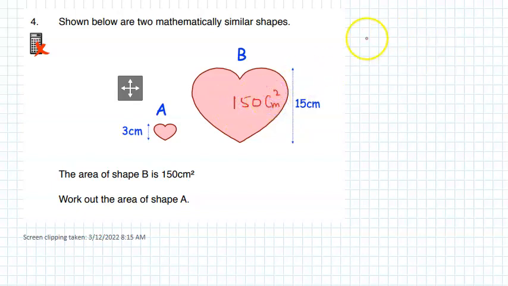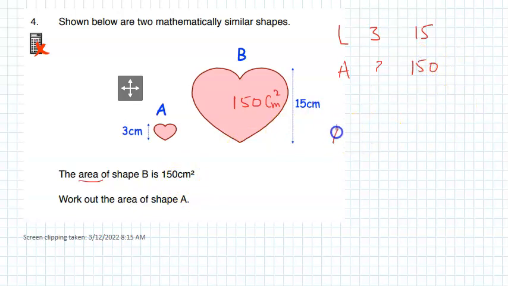So the lengths are 3 and 15, and then the area. We have to find the area of the smaller figure, and this one is 150.